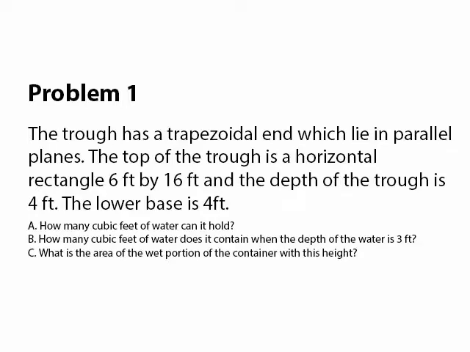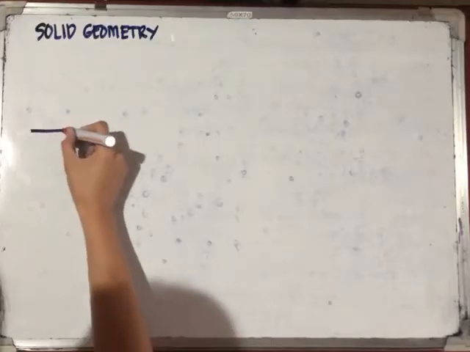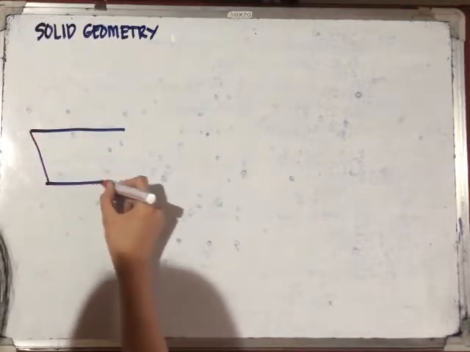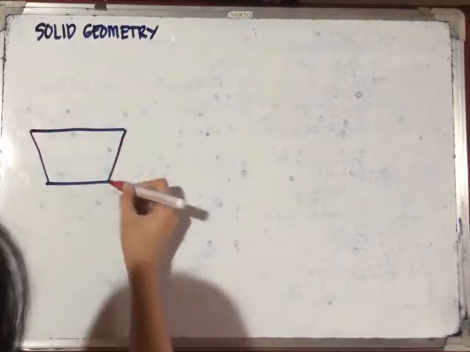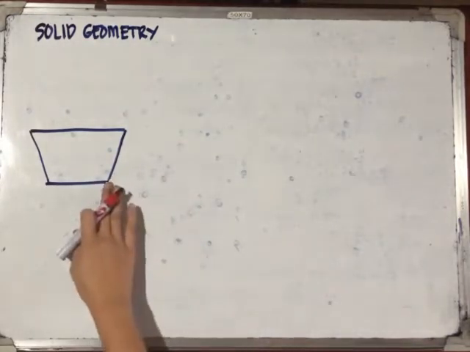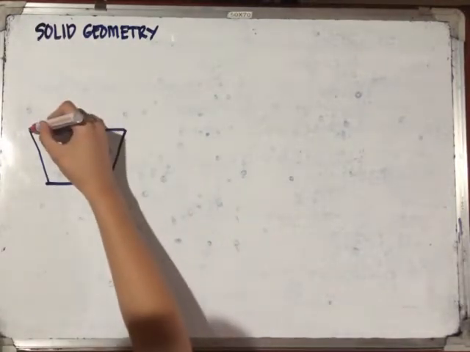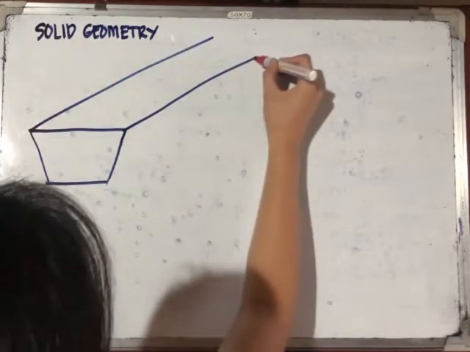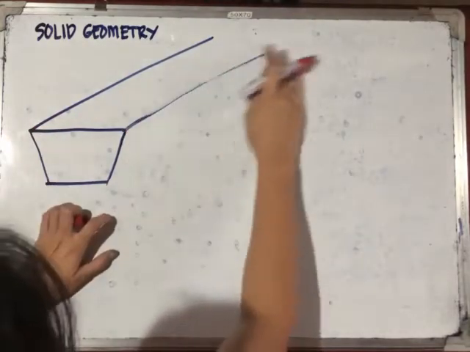Okay, so ang trough natin is ano yan, parang usually ngayon nakikita mo siya nalagyan ng mga tanim, di ba? Maraming naging plantita dahil sa COVID. So meron siyang trapezoidal ends in this problem.